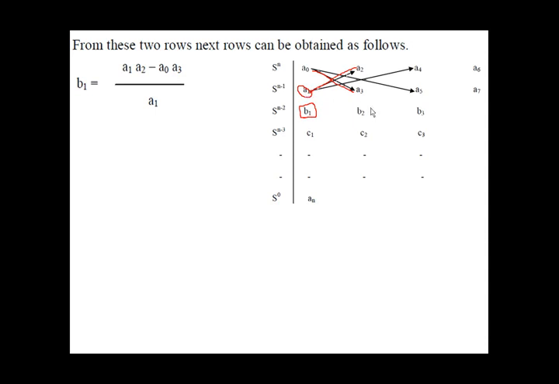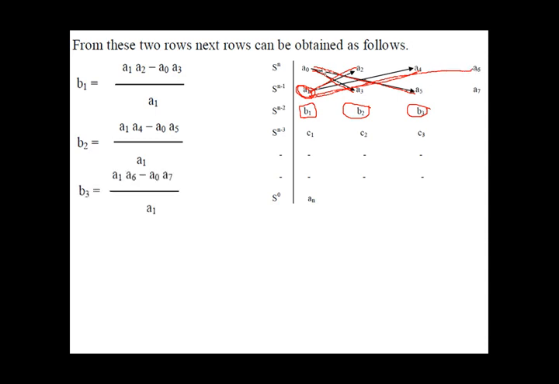Next, how will you get b2? a1 a4 minus a0 a5 divided by a1 itself. Next, how will you get b3? That is a1 a6 minus a0 a7 divided by a1.